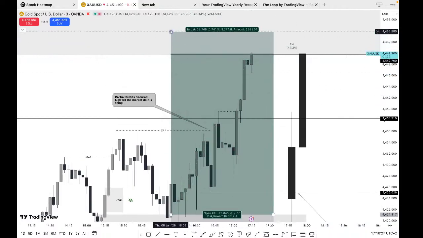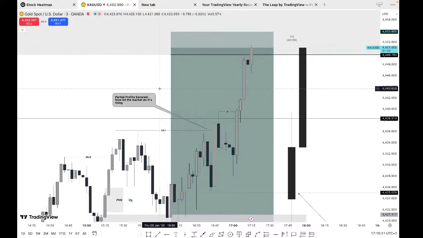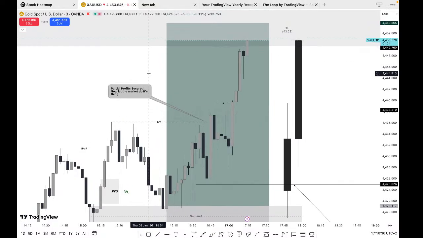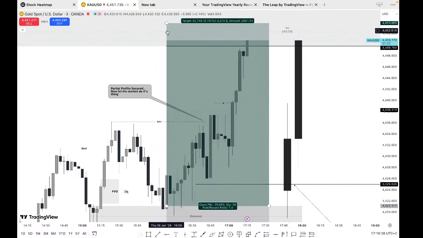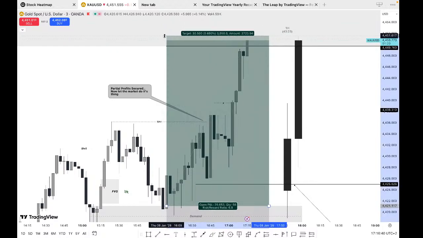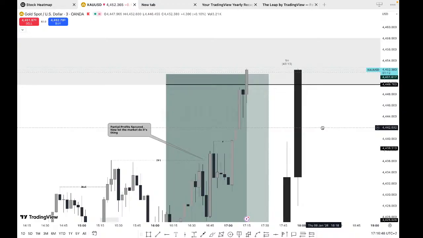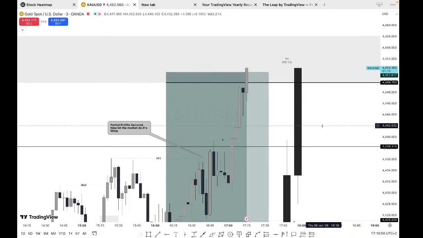Take profit hit clean. 50% is here. Move.